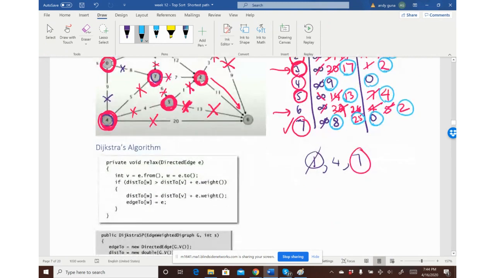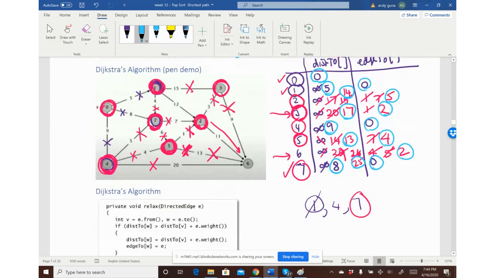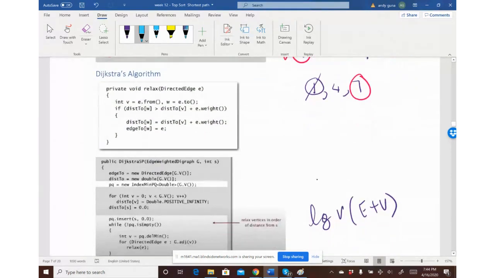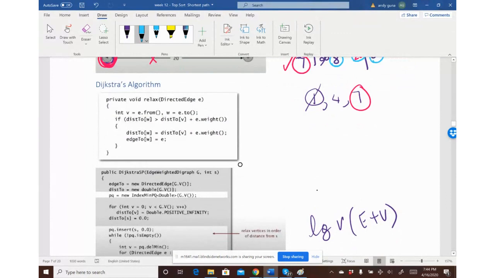So the algorithm for doing this, there are many ways to implement it. This is one way of doing it, but there could be other ways of doing it. Your book might suggest some other method. That's fine, it's just different ways of doing it.